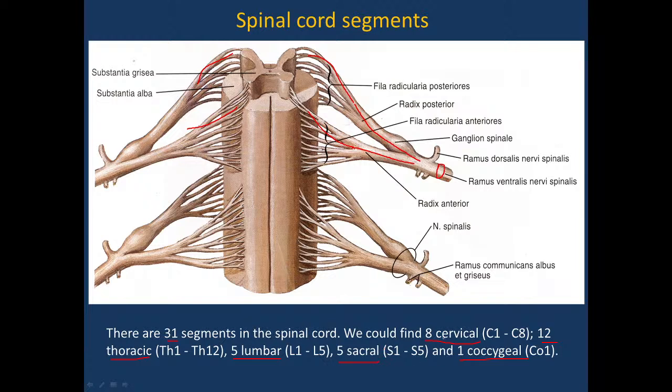Together, if you calculate, it will be 31 segments in the whole spinal cord. Usually, the segments are designated by Latin letters and some numbers. It means 1 to 8 is a cervical segment, etc.